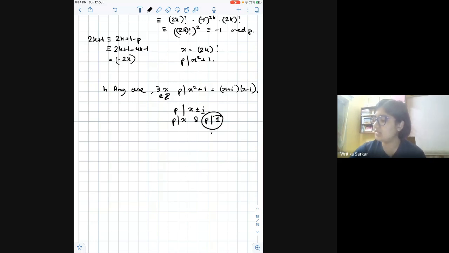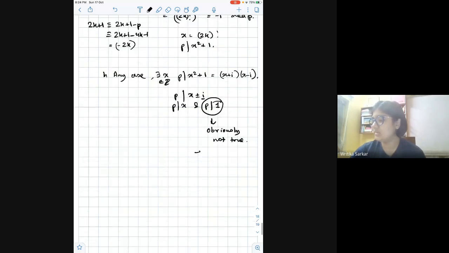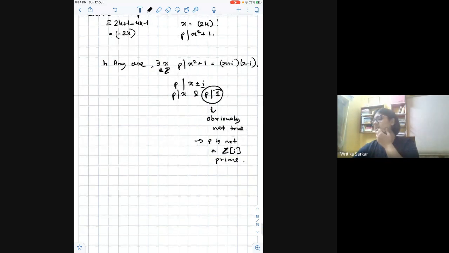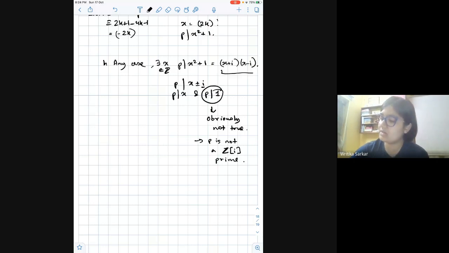But this is obviously not true. So p is not a Gaussian prime, because p divides the product, but p doesn't divide either of the two factors individually.